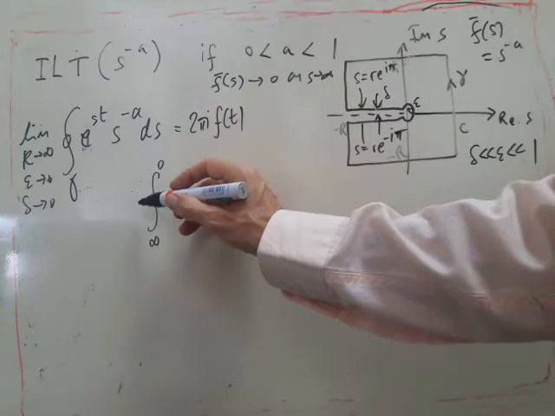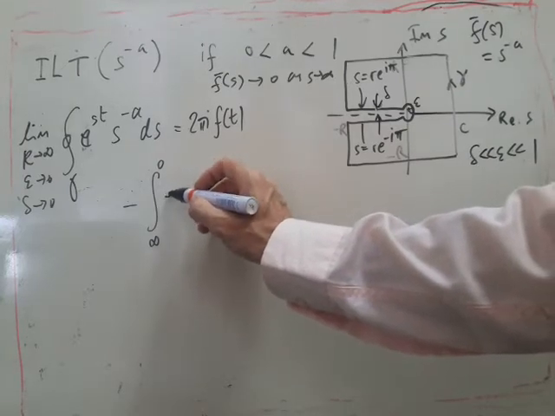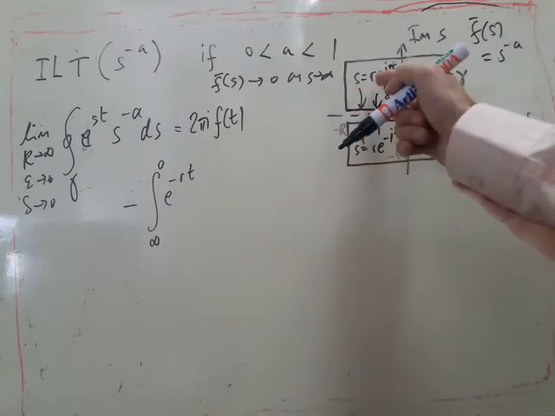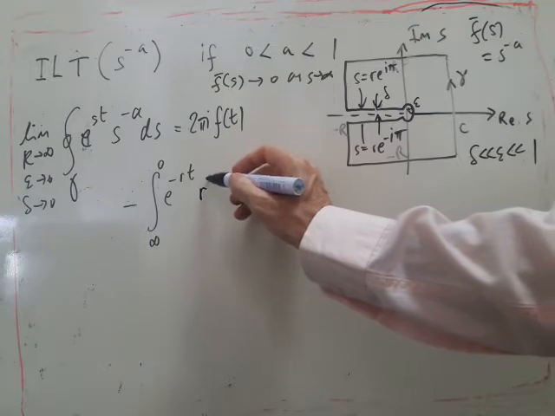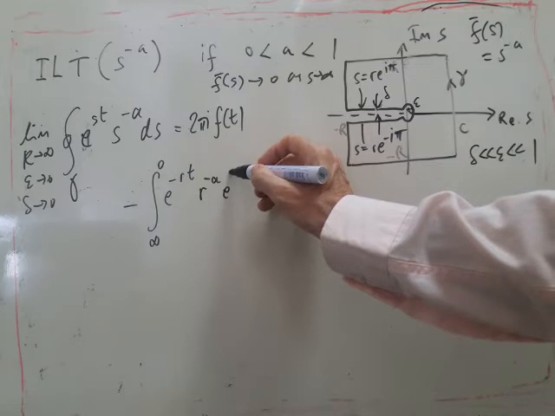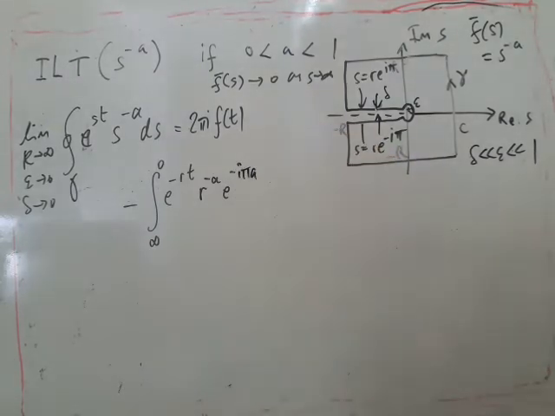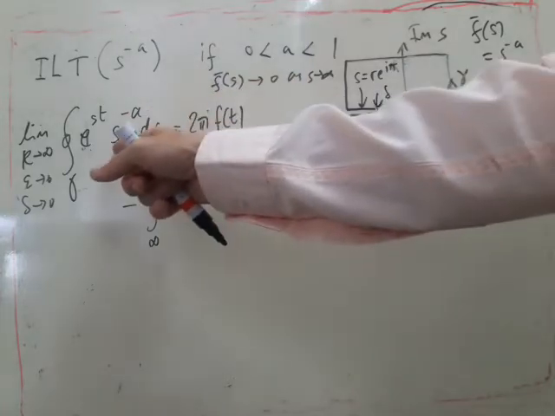And we've got e to the minus rt times, so s is r e to the i pi, so I get r to the minus a, and e to the minus i pi a, just substituting s equals r times e to the i pi into here, dr.